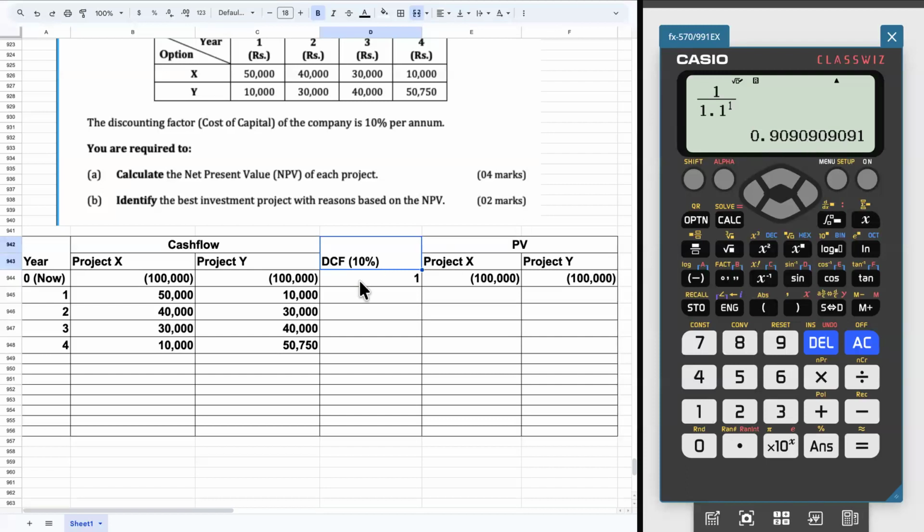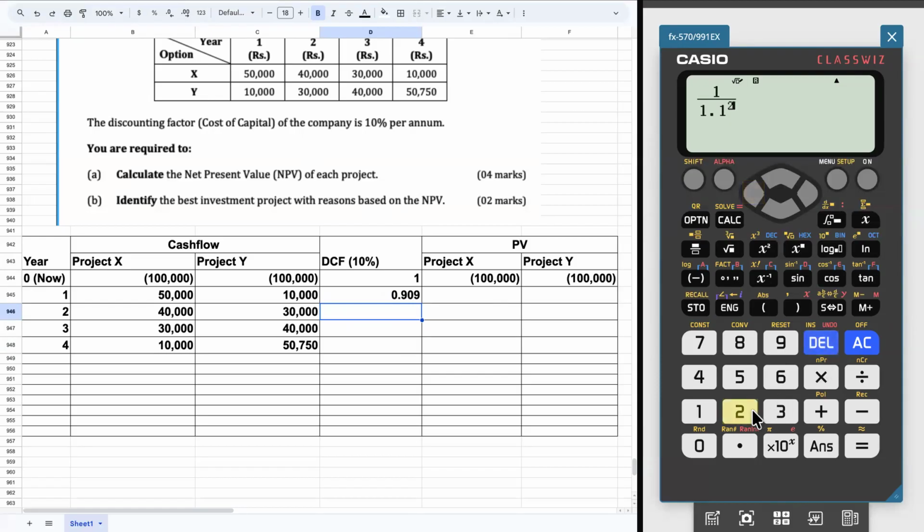Right? We can take the three figures, 0.909 for 3 figures. Right? And again, we have to change only the power.